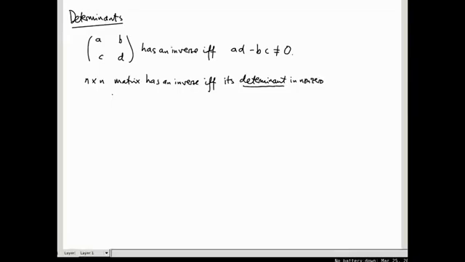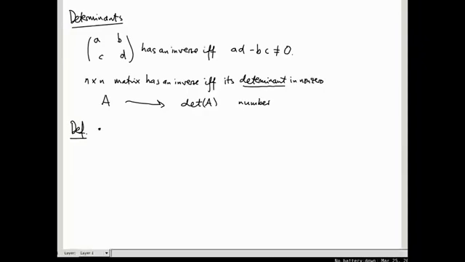Okay, so given an n by n matrix A, we're going to produce a number called det A, just a number, and this number is non-zero if and only if A is invertible. So here is how I like to define the determinant.